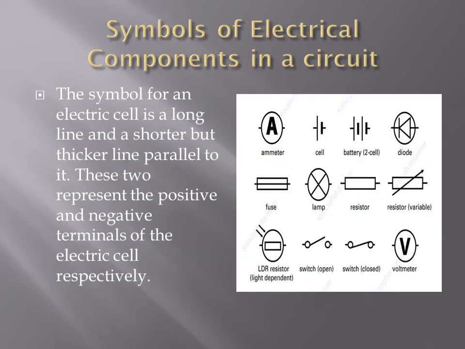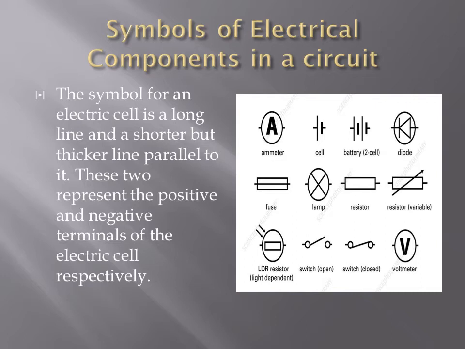Symbols of electrical components in a circuit. Children, you can see in the diagram there are so many symbols. With them, we can make a complete circuit. Here are some symbols: ammeter, cell, battery, diode, fuse, lamp, resistor, variable resistor, LDR, switch open, switch closed, voltmeter.